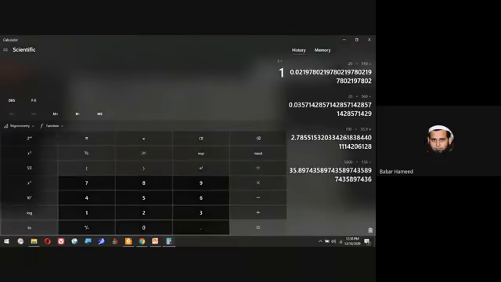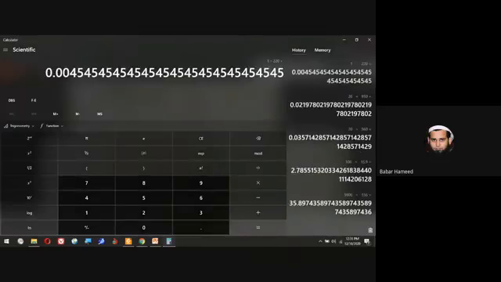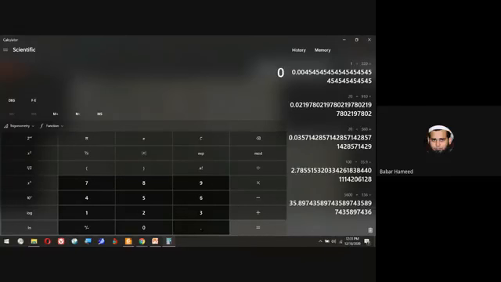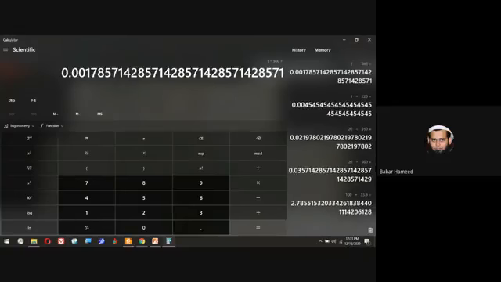1 divided by 220 is equal to 0.0045, and 1 divided by 560 is equal to 0.0017, and 1 over 1000 is 0.001.